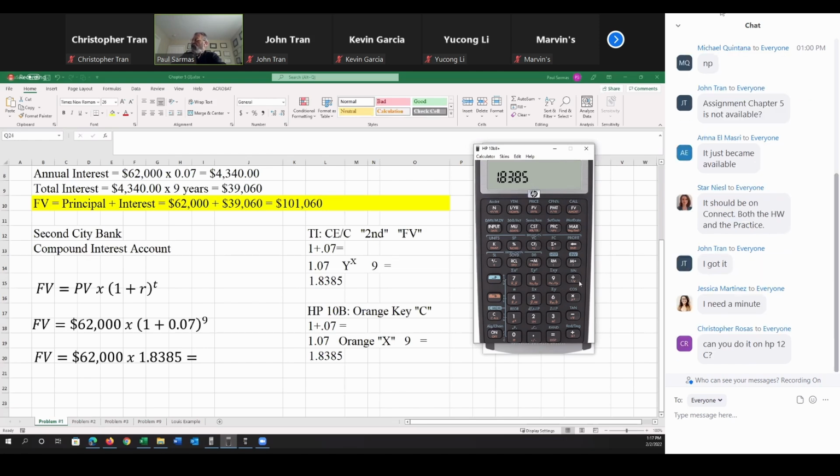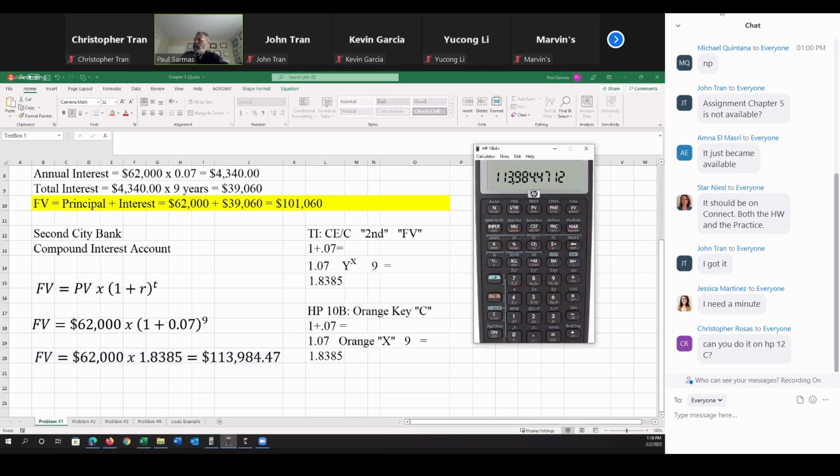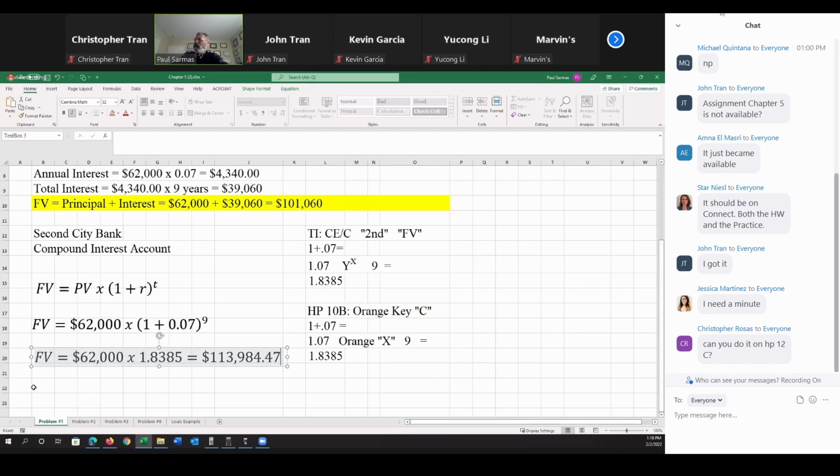Now, if I take that and multiply it by 62,000, I will get 113,984.47. Is that right? Yes. So the question is, how much more would you earn?